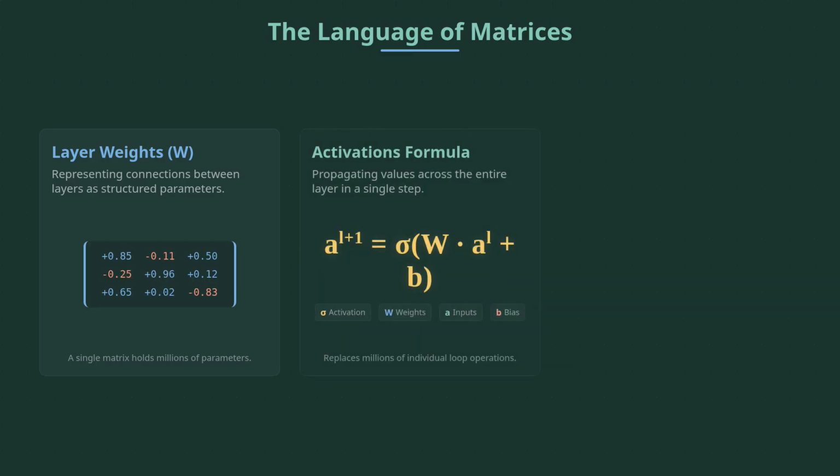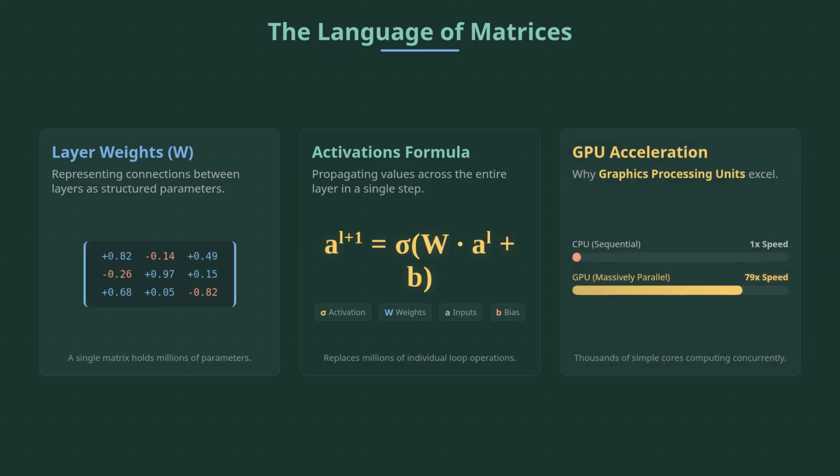We multiply the weight matrix by the input activation vector, add the bias vector, and apply our activation function to the resulting vector. This compact matrix formulation is why modern deep learning relies so heavily on graphics processing units, or GPUs, which are specialized hardware designed to perform millions of parallel matrix multiplications every second.